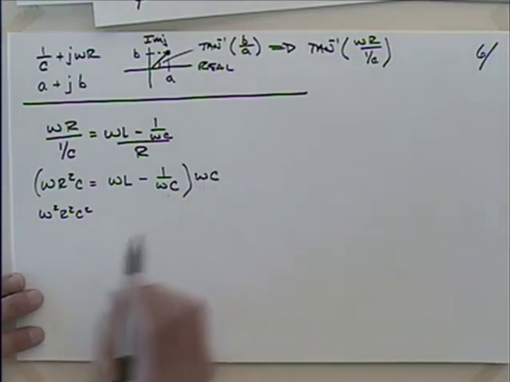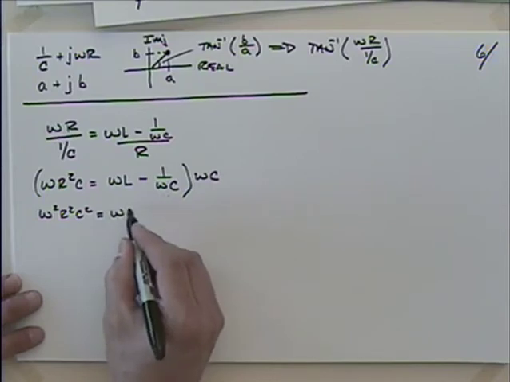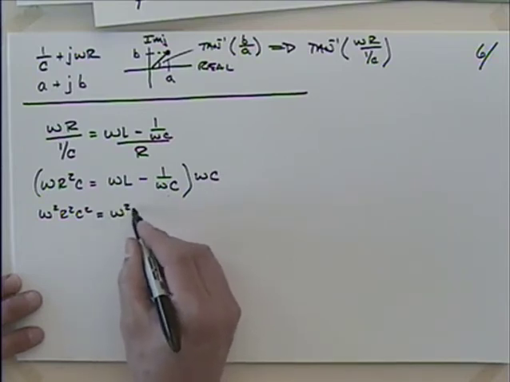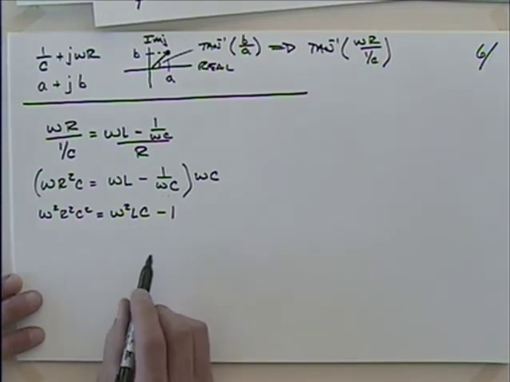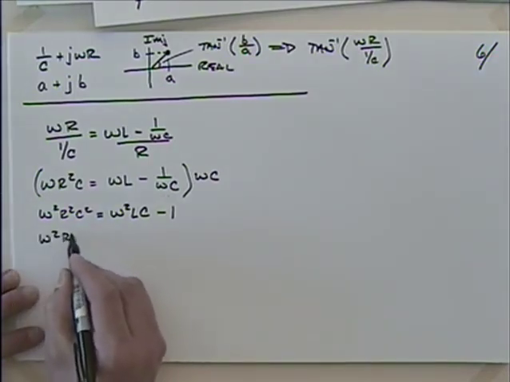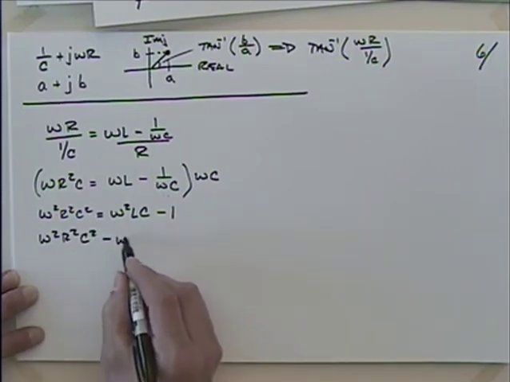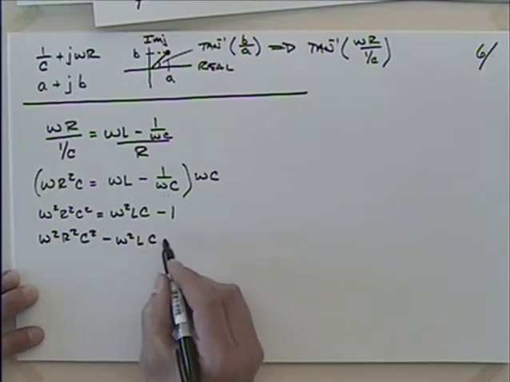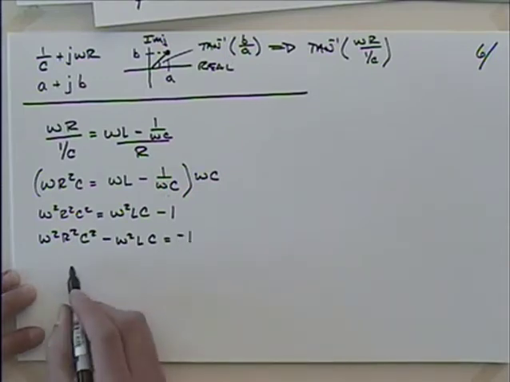Omega C. So then I'm going to have omega squared LC and then minus 1. I could move this over here, so I'd get omega squared R squared C squared minus omega squared LC is equal to minus 1.